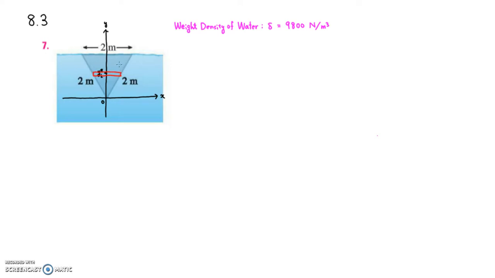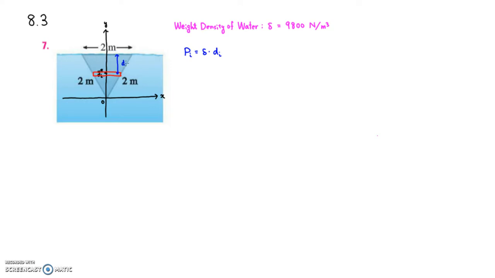Then let's find the pressure at level yi star. So pressure Pi is just the weight density of water, which is delta, times the depth. I'm going to call it di, which is simply the depth from here to there.